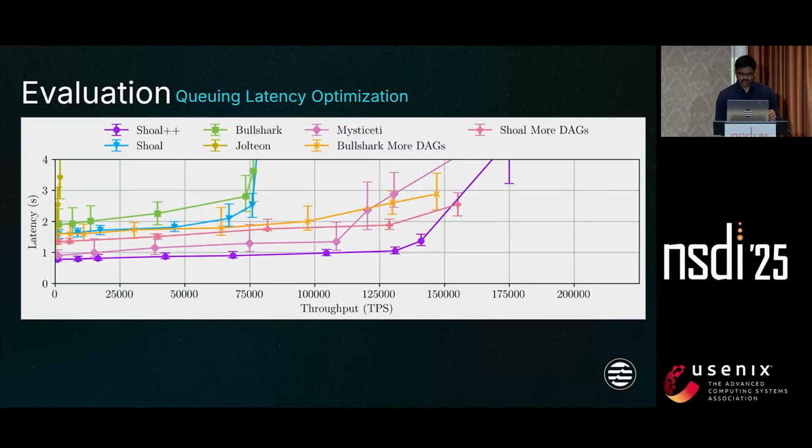And that actually helps not just Shoal++, but even Bullshark and Shoal in terms of scaling their throughput. We observed that Bullshark or Shoal can reach the same throughput as Shoal++ when we apply the same 3 DAG optimization.